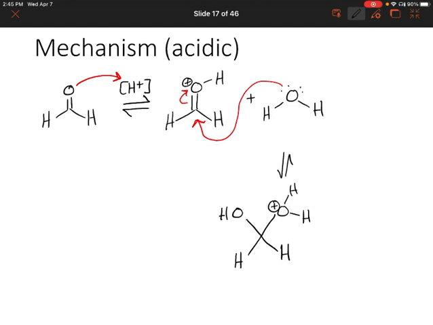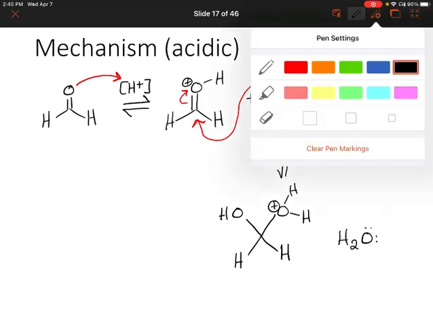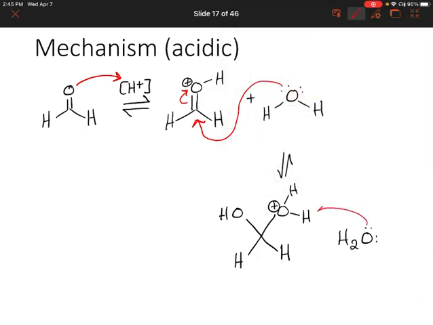Okay, so what do you think our last step will be? We're going to remove one of those hydrogens on the positively charged oxygen. So we could just use water to do that. We'll probably have multiple water molecules hanging around.